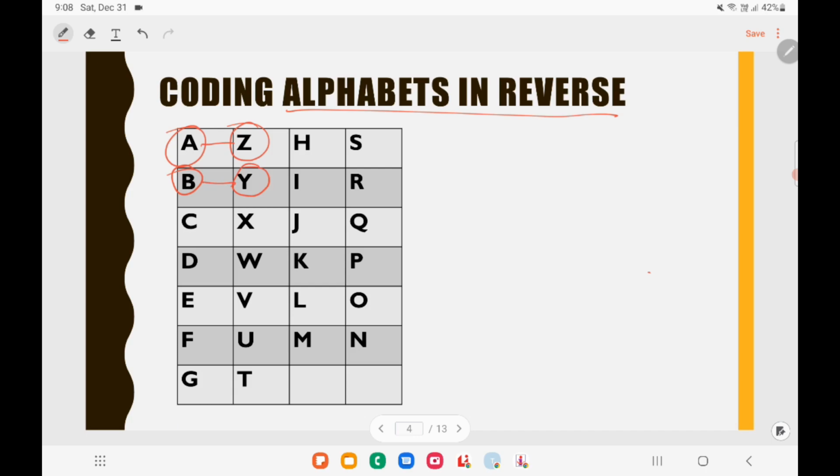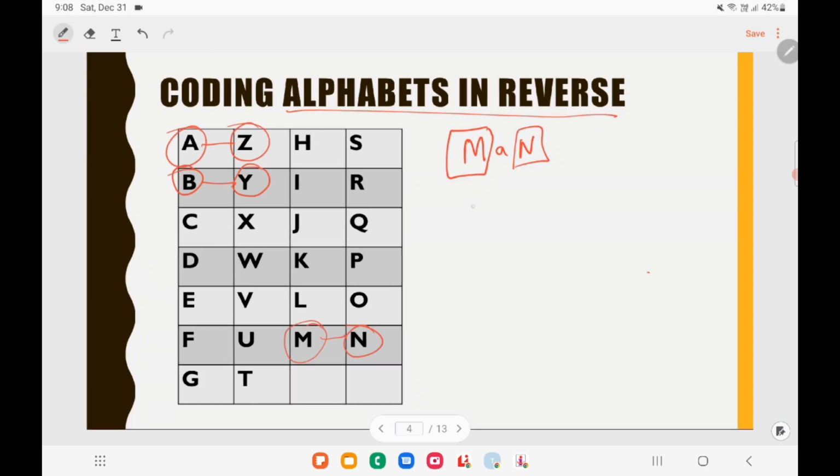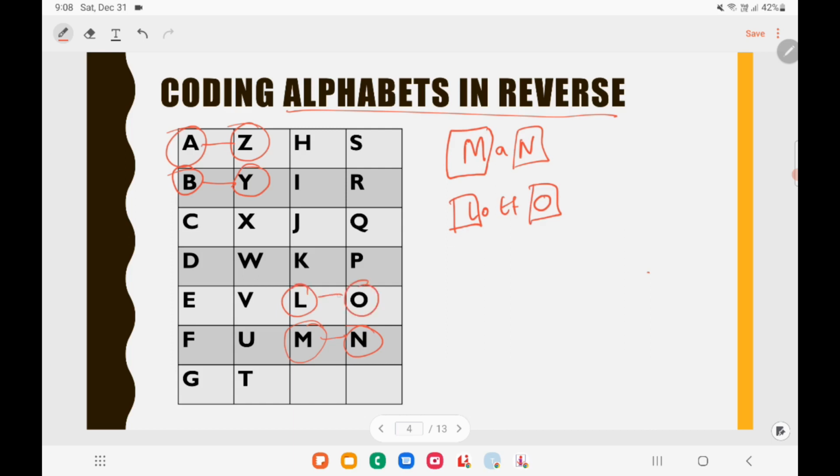So in order for you to remember this coding easily, just take some words. For example, if you can remember the word man, just remember that M is coded with N, right? M is coded with N. If you can remember the word lotto, L is coded with O. L is coded with O, right?